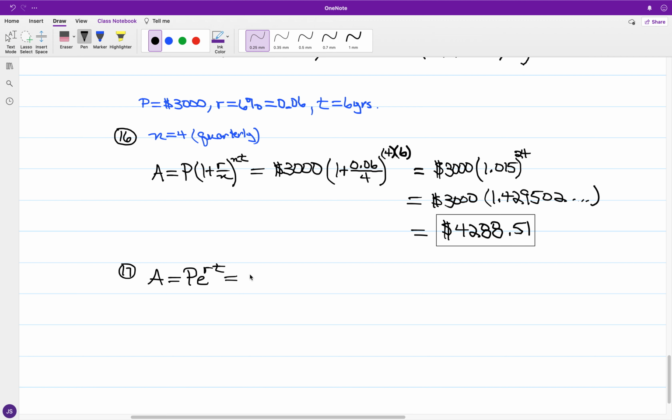Filling in, we have P at $3,000, and for e to the rt, you have e to the 0.06 times 6. So we have $3,000 times e to the 0.36.